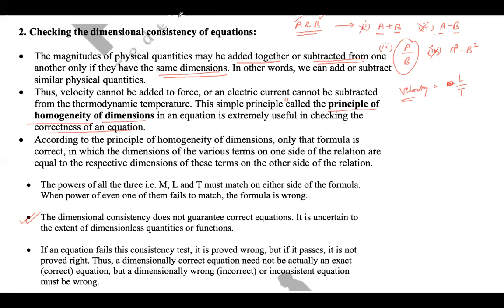But if it is dimensionally wrong, then it will definitely be wrong. है ना? अगर dimensionally गलत है तो वो पक्का गलत होगा. अगर dimensionally correct है तो कोई जरूरी नहीं है कि इक्वेशन भी करेक्ट हो, बट हाँ डायमेंशन सेटिस्फाई कर रहा है, ये हम बता सकते हैं. ठीक है. So that's what is written. Thus, a dimensionally correct equation need not be actually an exact equation, but a dimensionally wrong or inconsistent equation must be wrong. That is definite.